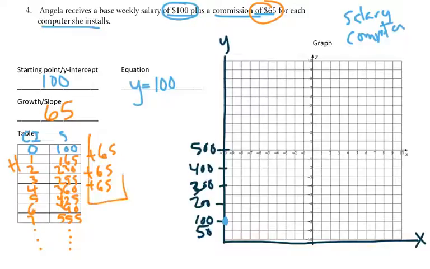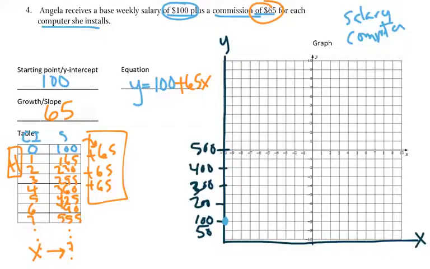So there's our growth, 65 over 1. $65 for every computer install. So we take that 100 and we add 65 to it. Okay, and we're going to keep adding 65 till we get down to x, so we times 65 by x.